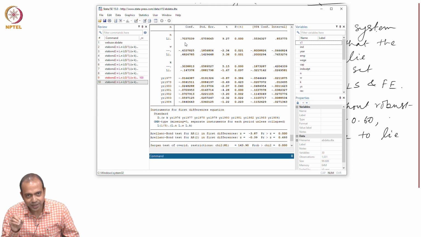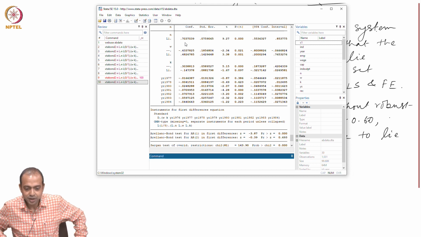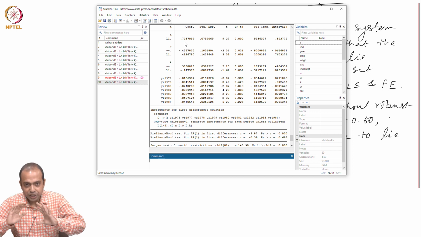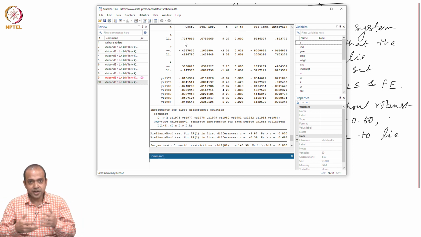If you apply that, you will get two-step GMM and it will automatically correct for the downward bias, because the bias might be severe. As Arellano and Bond said, this bias could be so severe that it cannot be used for any inference making, right.